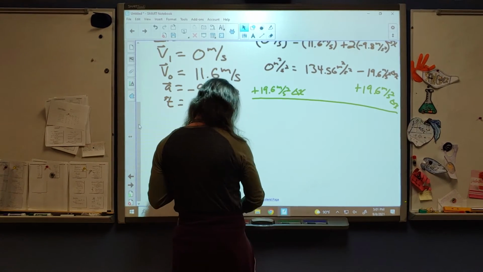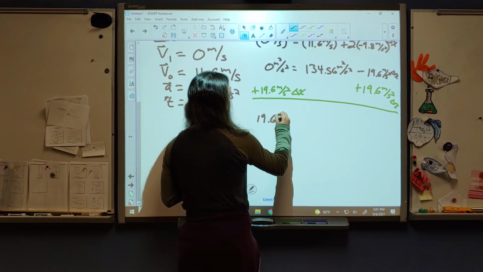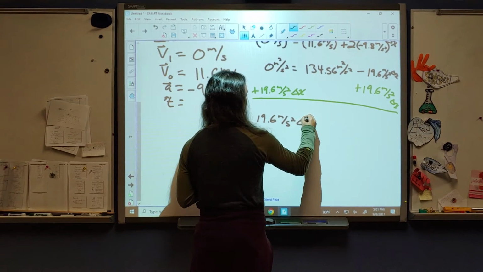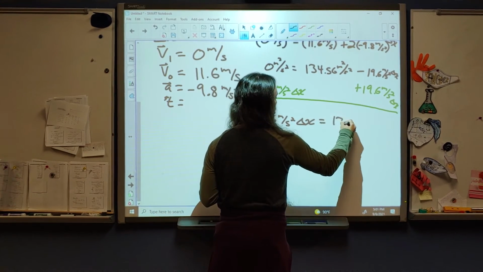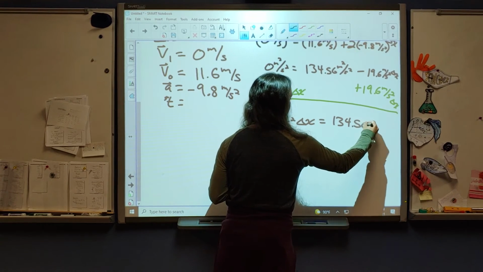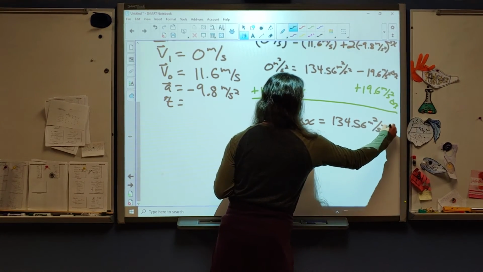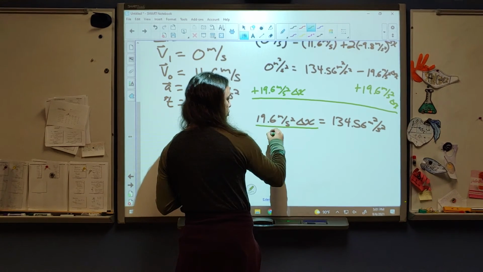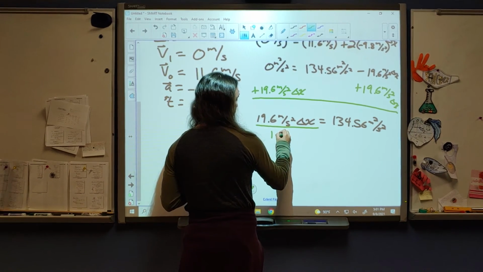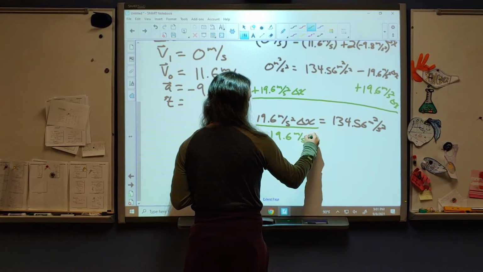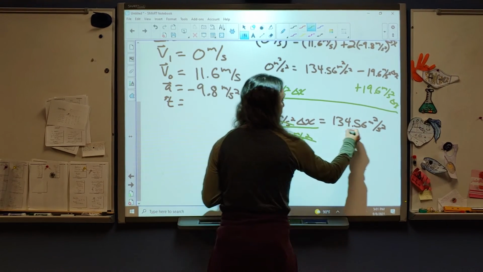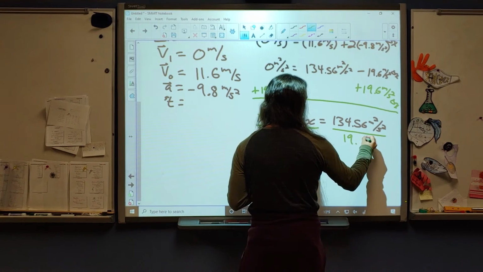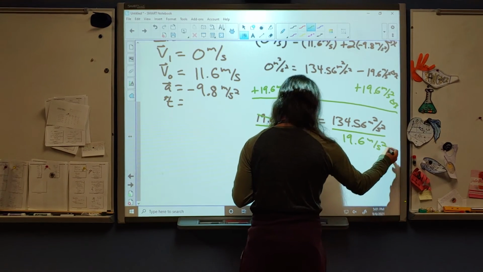That gives me the following, which is 19.6 meters per second squared times delta x is equal to 134.56 meters squared per second squared. Now to get delta x by itself, I need to undo the multiplication, so I'm going to divide by 19.6 meters per second squared. And I do the same thing here, 19.6 meters per second squared.